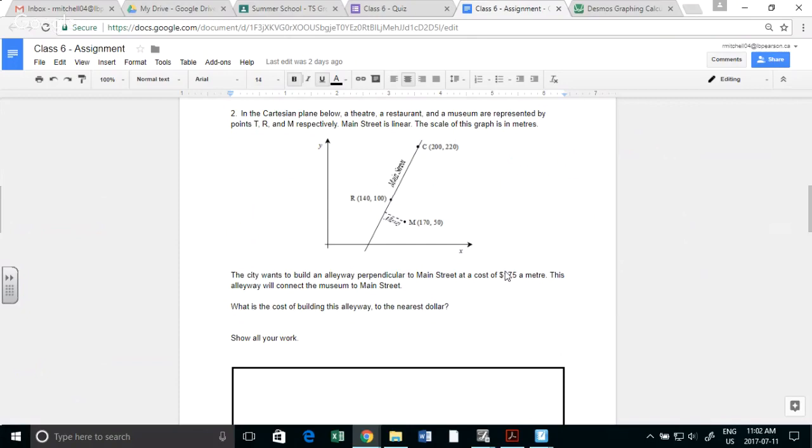I have 2 points, so I calculate exactly the same: find the slope, find the B, convert to general. Use the distance point to line formula with this point and this line. And then find the cost. Once you have the distance, you just do 175 times the distance.